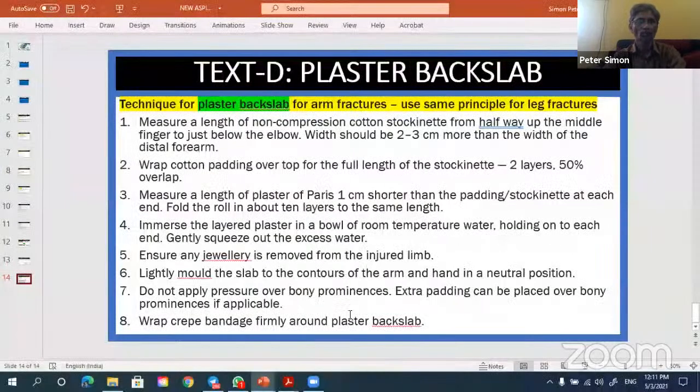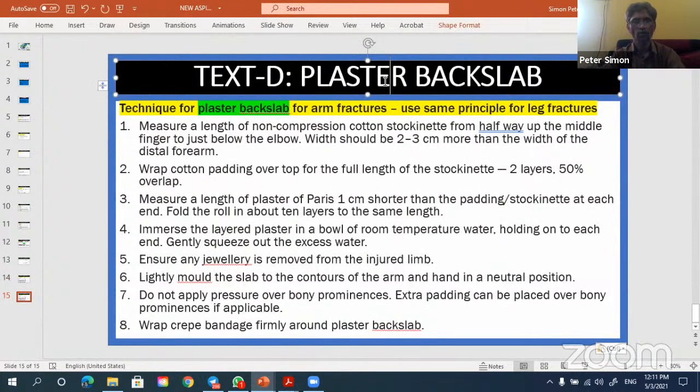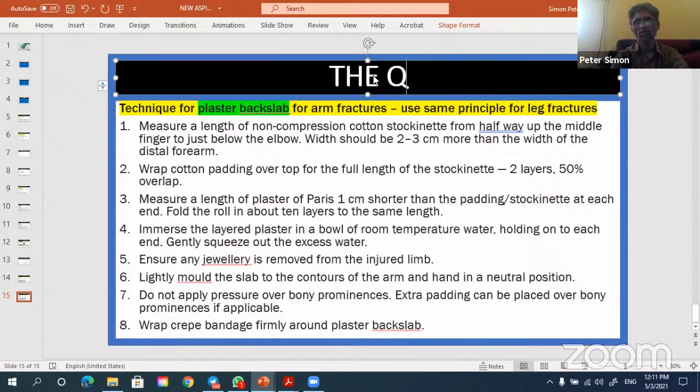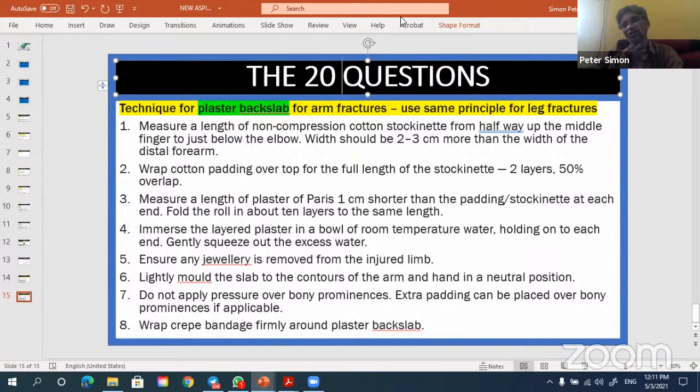Fine. So now the texts are over. Next one is the questions. The 20 questions, how they are segregated.